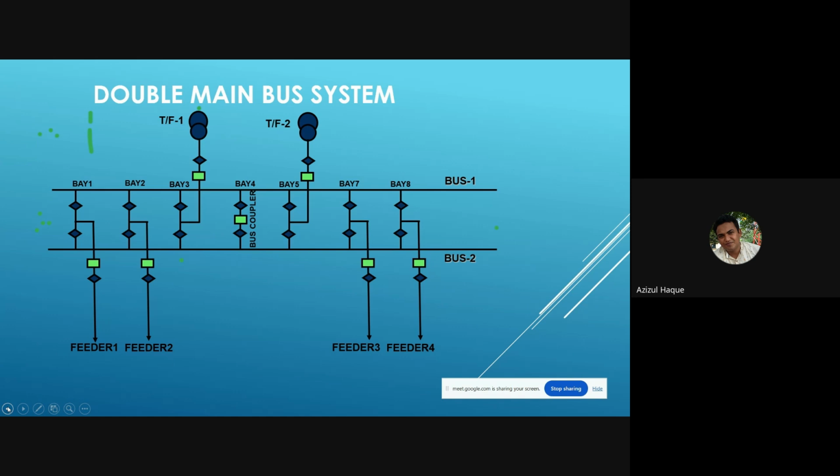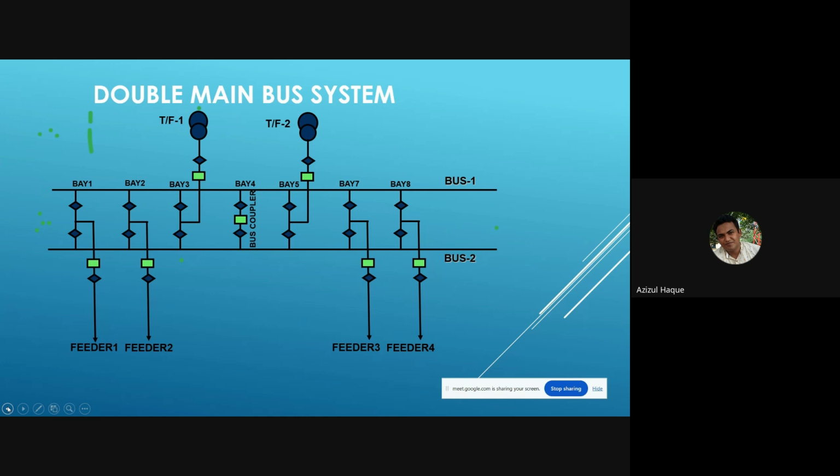Why is synchronization required? We cannot connect the two buses directly, because suppose incomer 1 is coming from one generating station, and incomer 2 is coming from another generating station or another grid substation. Then the frequency of the two incoming powers may or may not be the same.